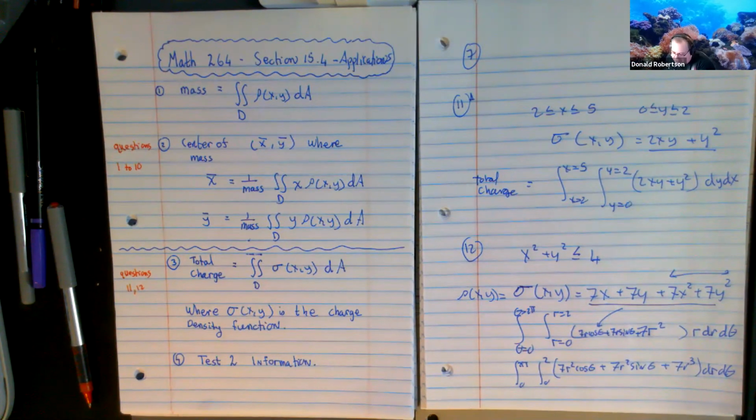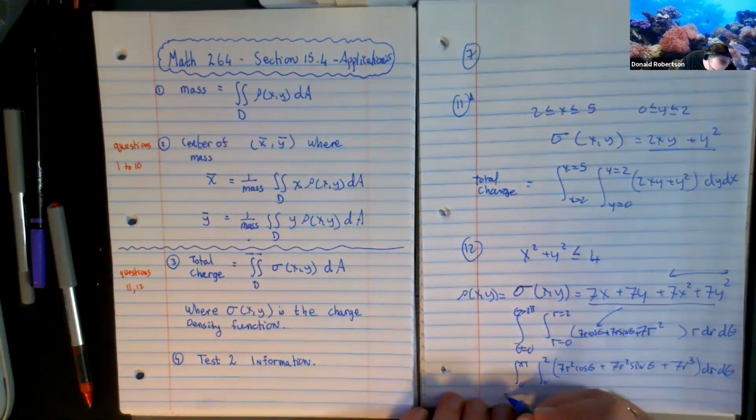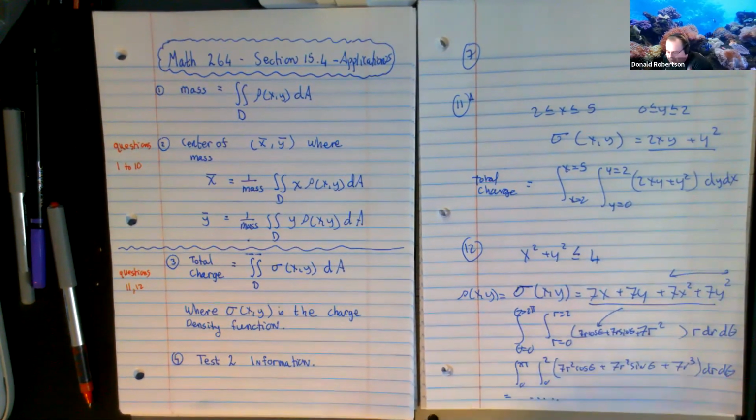And you can't really separate them, unfortunately, because the powers of r are different. I guess you could pull out a 7 if you felt like it, but I'm not sure how much benefit you get in doing that. Would you be comfortable about finishing that off now? Quite a long question, but doable.